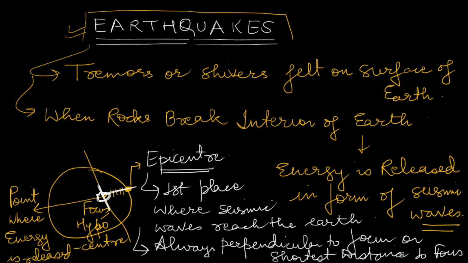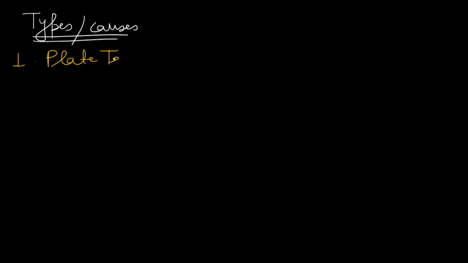Now there are various types of earthquake, or you can say various things which lead to the causes of earthquake. Types plus causes. The first one is the plate tectonic induced earthquake, that is due to the movement of plates.